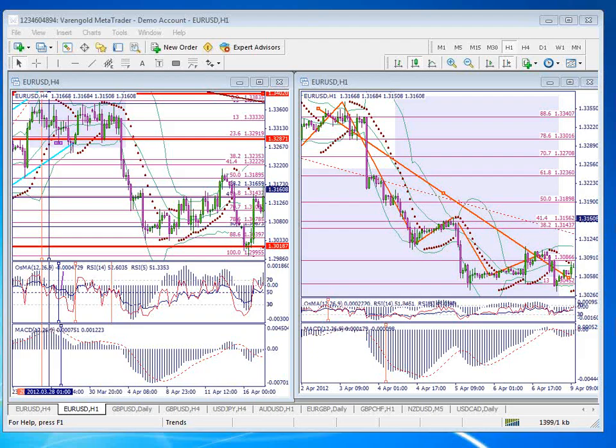Christian asked me, how can you filter out the bad signals? If I have signals from the cross of RSI and the cross of the oscillator, and I don't have the confirmation from MACD, I can consider that this is a weak signal.